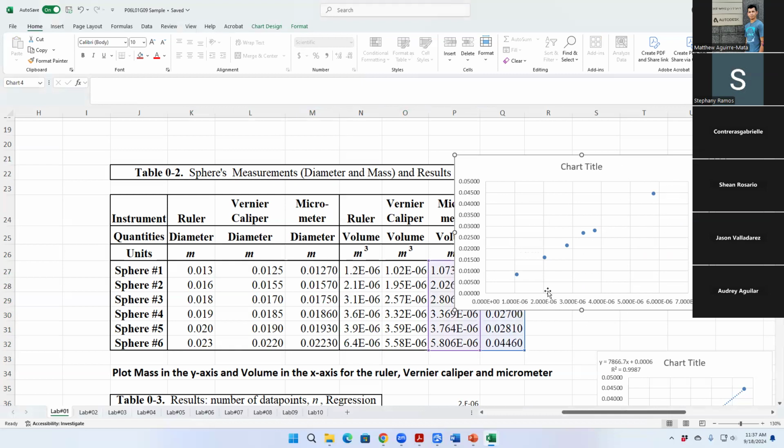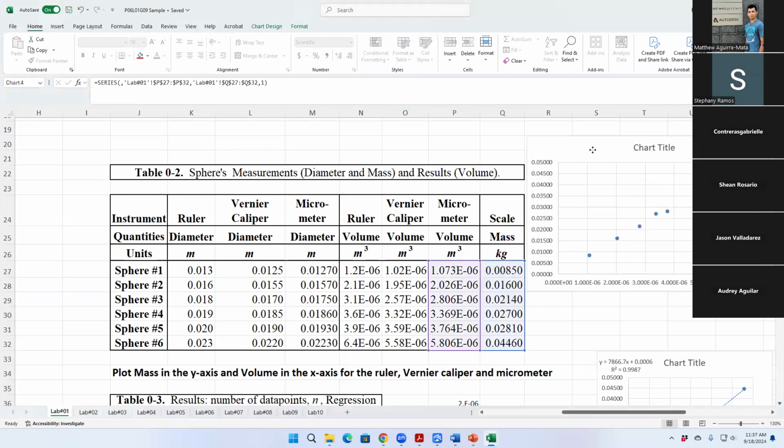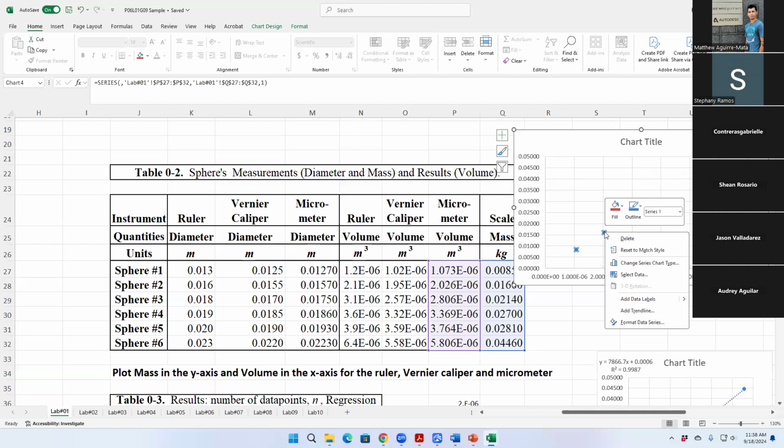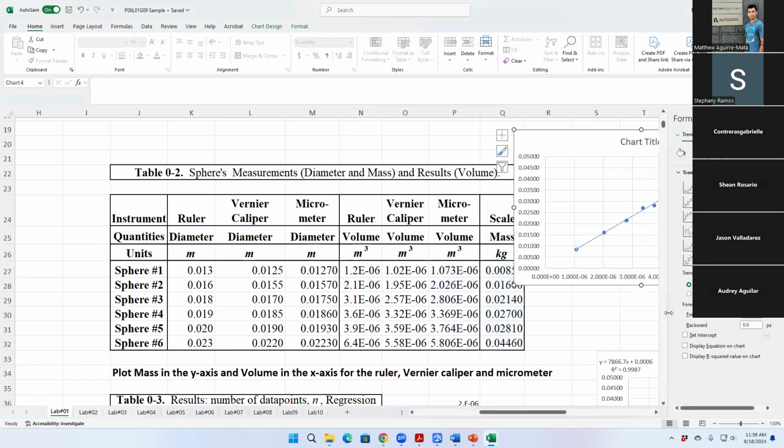You're asking me how I got the equation here, right? Okay, so what you've got to do: click one of the data points. Everything is highlighted. See that? Click on the data points. That procedure is spelled out in the syllabus as well. Go back to one of the data points, right click, and then highlight add trendline.